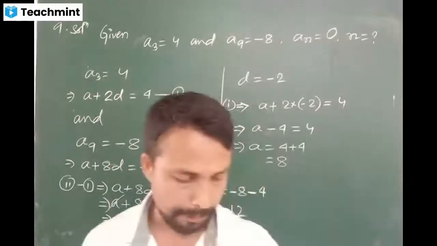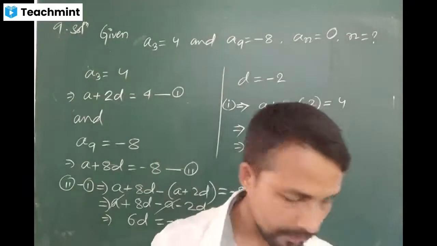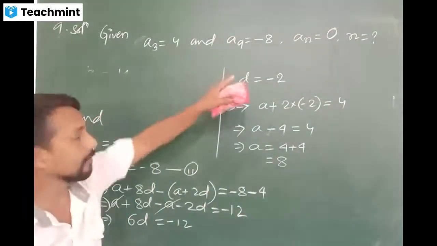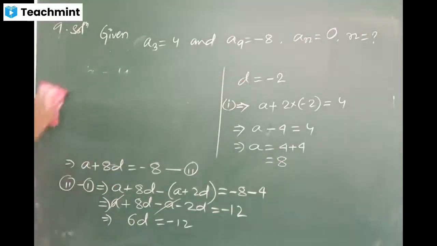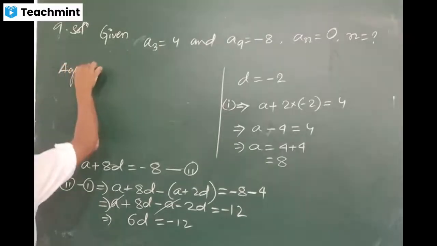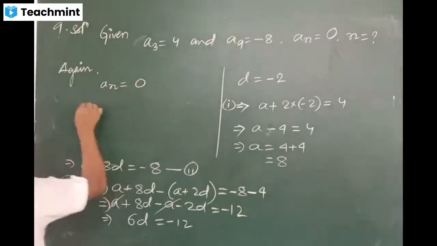Again, we have the other part of this. The nth term is 0. An equals 0.